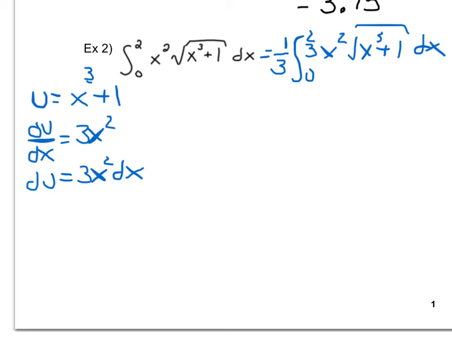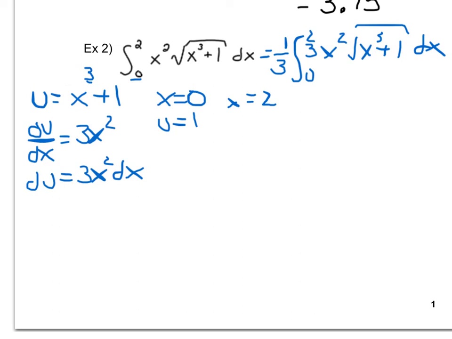So I see that when x is 0, taking my original lower limit, I get a u value of 0 plus 1, giving me u equals 1. When x is 2, using my equation here, I get 2 cubed plus 1.